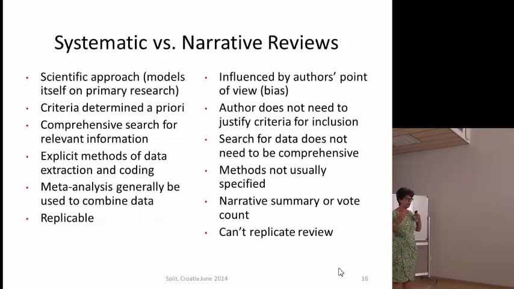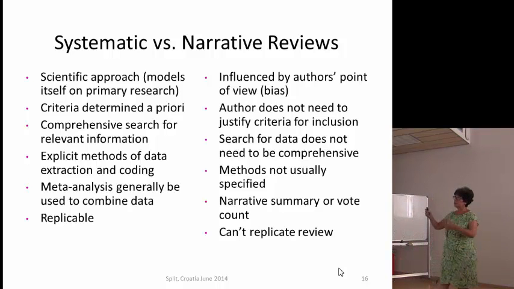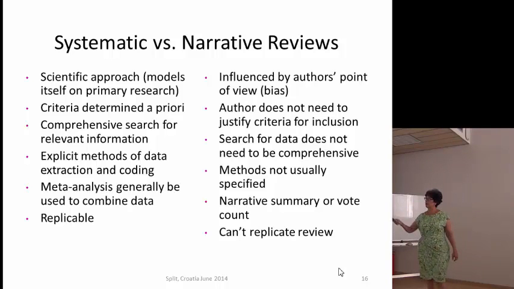meta-analytically before. Okay. So, just in case anybody asks you, what are the differences between narrative reviews and systematic reviews? In the systematic review, criteria for inclusion are determined ahead of time. As a matter of fact, those of you doing systematic reviews will know now that you need to write a protocol first, the same way you would do any other kind of research. You can't just make it up as you go along.